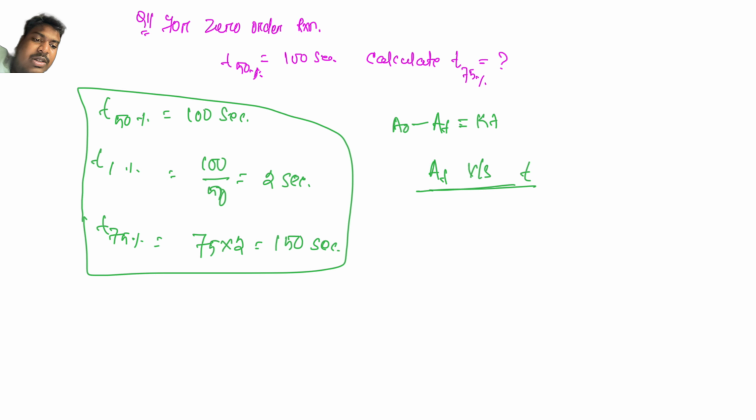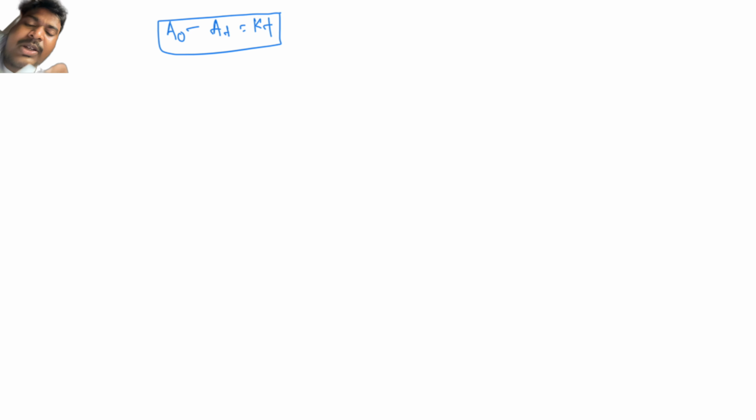I'll erase those things then. Okay, let's draw the graph. A naught minus At equal to kt.